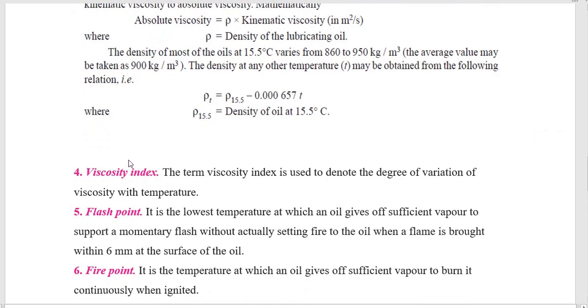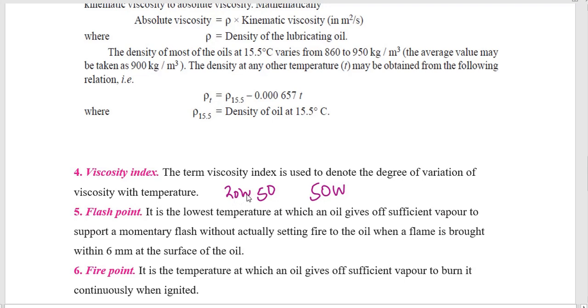We also have viscosity index as one of the properties of lubricants. The term viscosity index is used to denote the degree of variation of viscosity with temperature. That's why you find some fluids indicated 20 W 50, others you find only maybe 50 W. So these figures, the 20 W, means that the viscosity of that oil or lubricant is 20 in cold starting, or in winter.